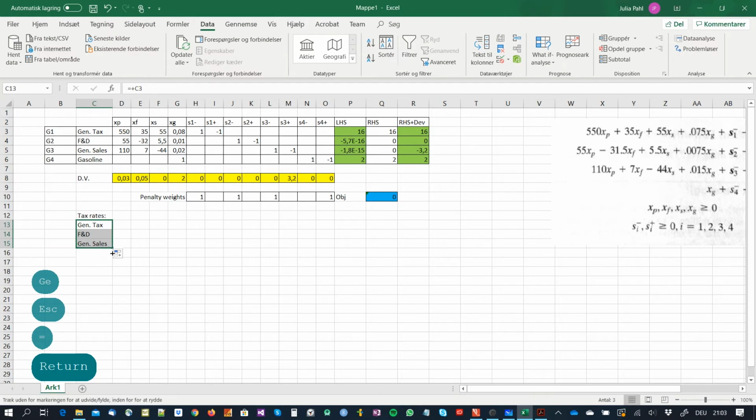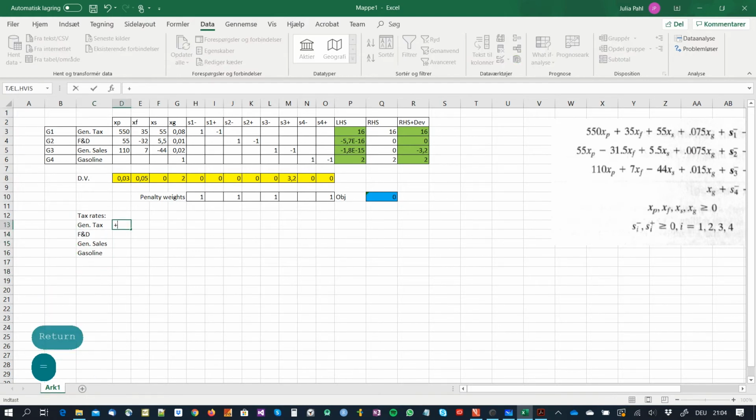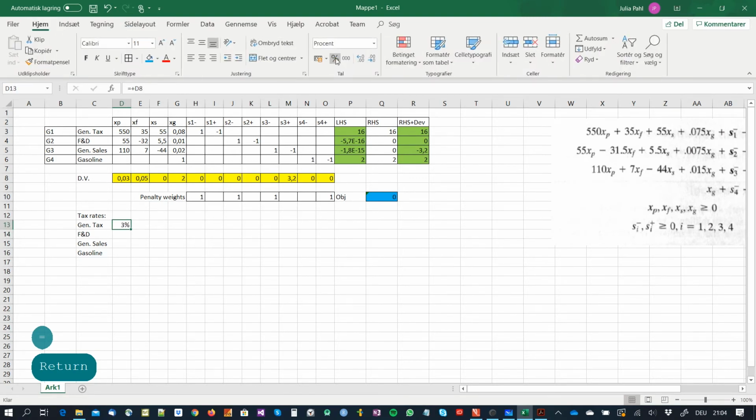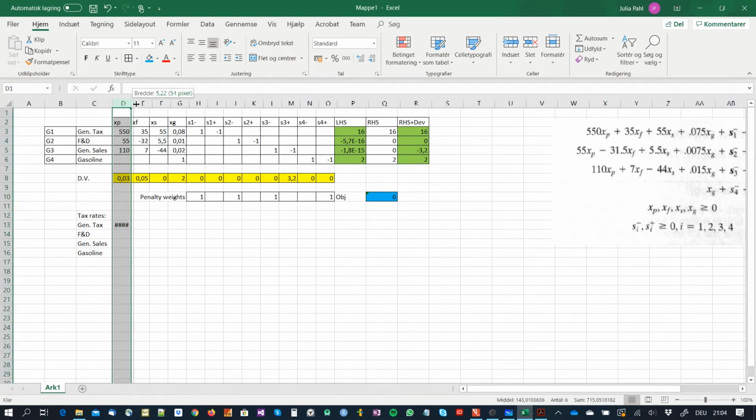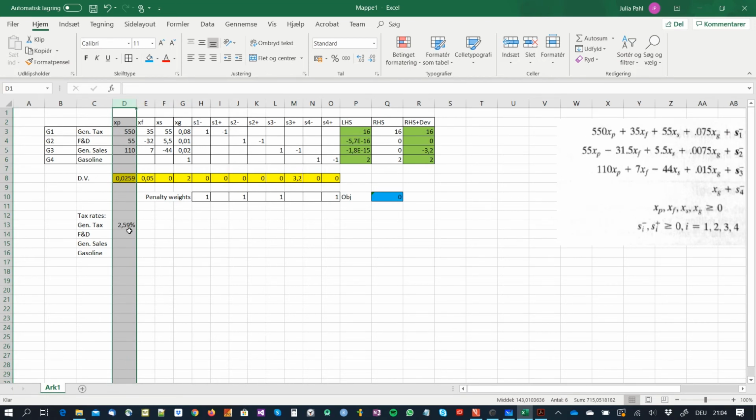Because the City Council wants to know the tax rates, we can now state them. So we can say this in percentage, looks nicer. And maybe make this a little bit larger. And we use this for all of them.